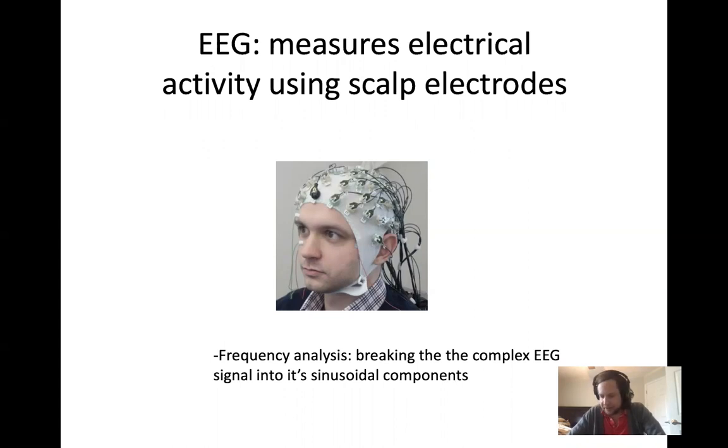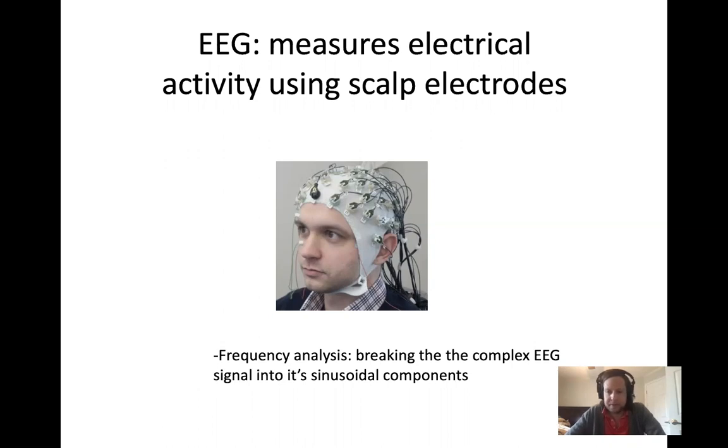So EEG is definitely giving us different information about what's going on in the brain compared to fMRI or PET. I haven't said this about PET or fMRI: they give us very good information about where the activity in the brain is occurring. So I would call that good spatial resolution. But PET and fMRI do not have particularly good temporal resolution.